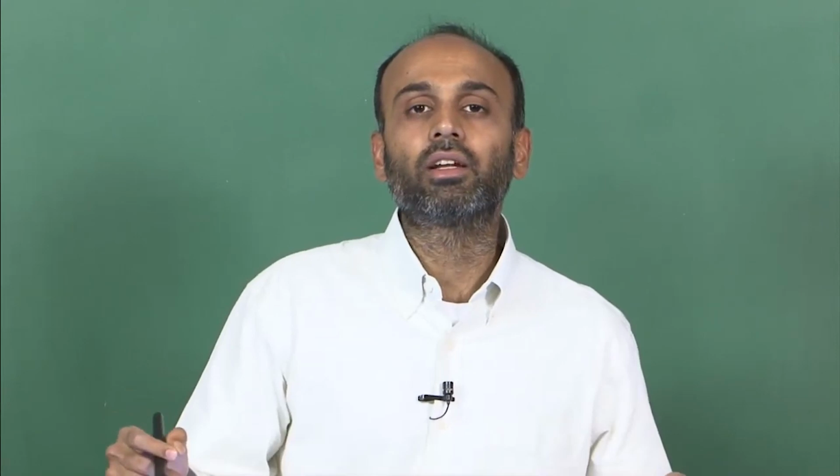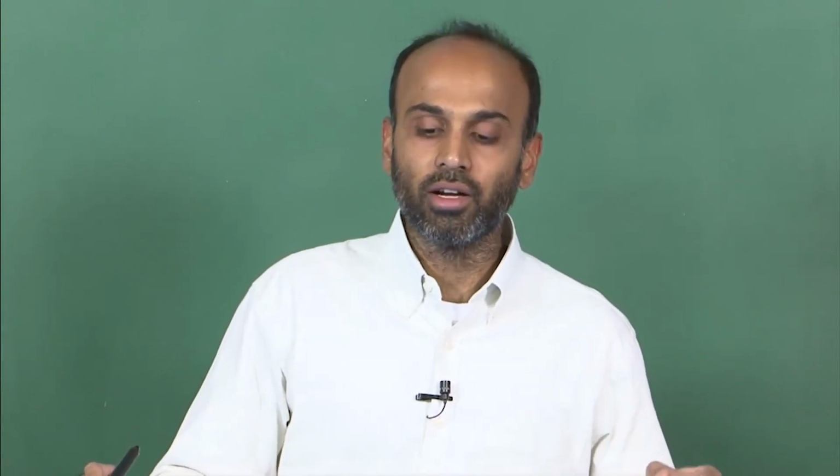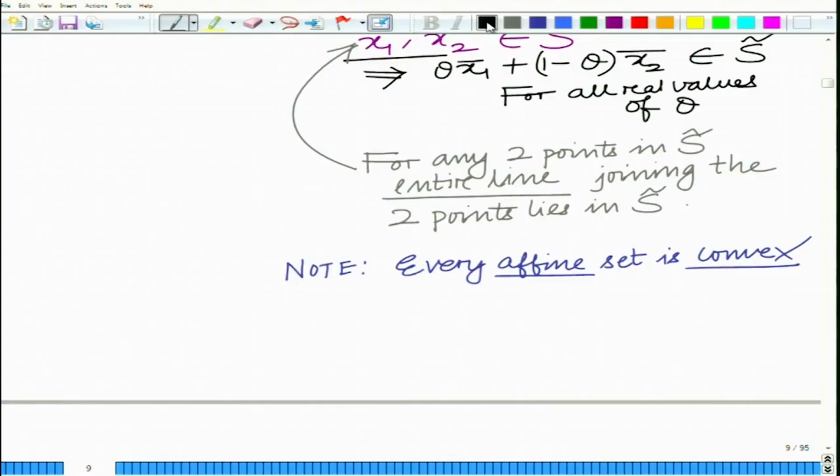Since it contains the entire line, or if it is affine, it naturally also contains the line segment, alright. So every affine set is also convex. I am sorry, the affine set is a special case of a convex set, alright. So every affine set is a convex set, but note that every convex set need not be an affine set, alright. Note that all convex sets are not affine.